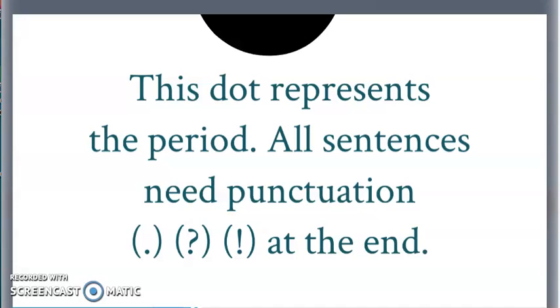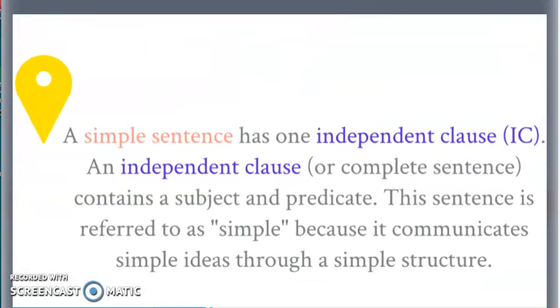Again, a simple sentence has one independent clause. An independent clause, known as a complete sentence, contains a subject and predicate. This sentence is referred to as simple because it communicates simple ideas through a simple structure.